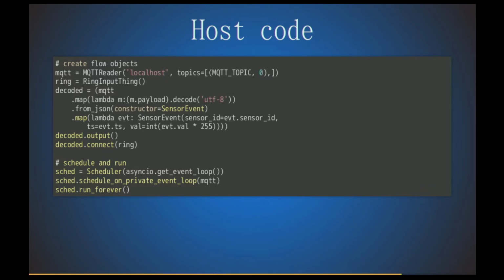That event, we do some parsing. In this case, we convert and normalize the 0 to 1 to a value 0 to 55, and then finally send that to the ring, which is an input thing.